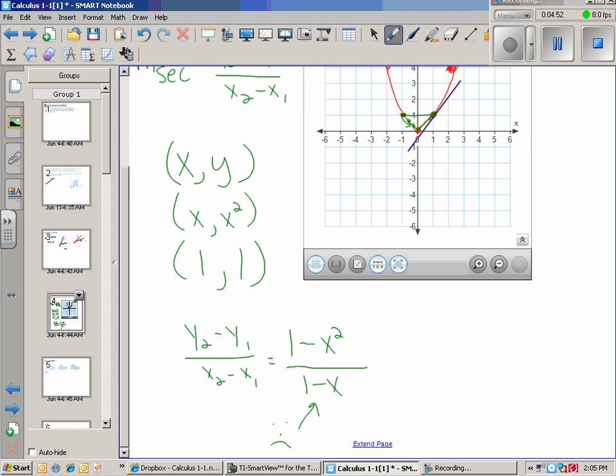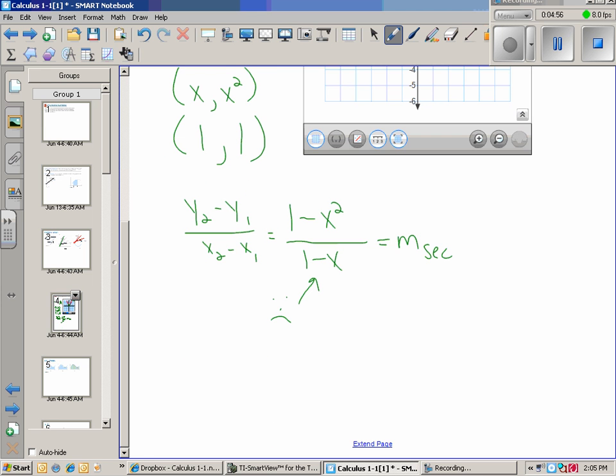And so that becomes the slope of my secant line. And if I were able to come up with some algebraic way to simplify that, that would be great. And so, hey, wait a second. 1 minus x, 1 plus x. I can use that to simplify.